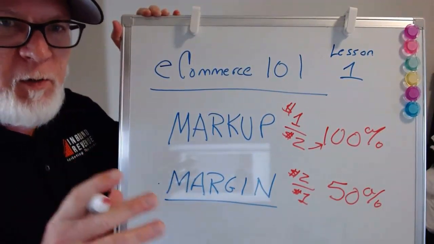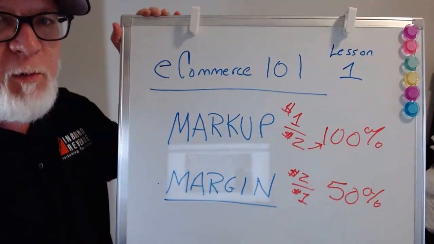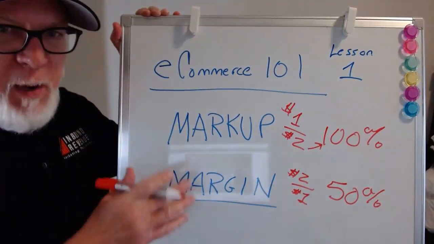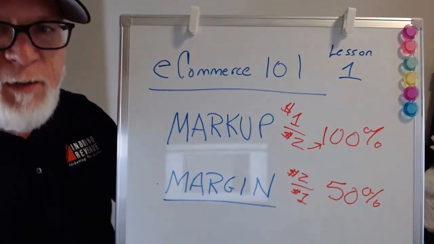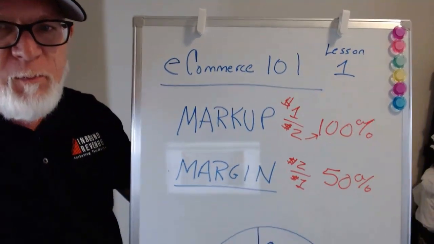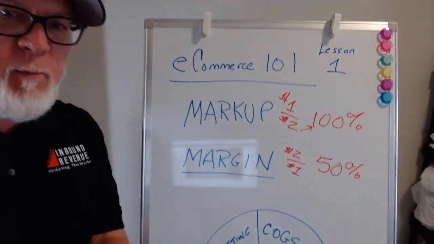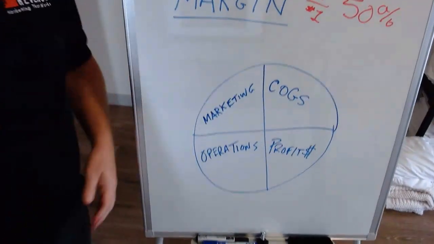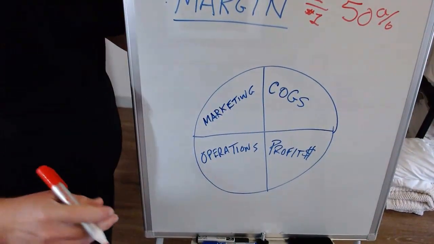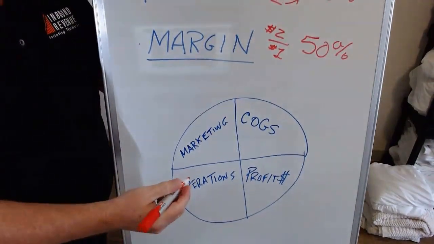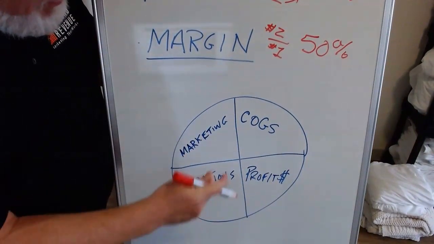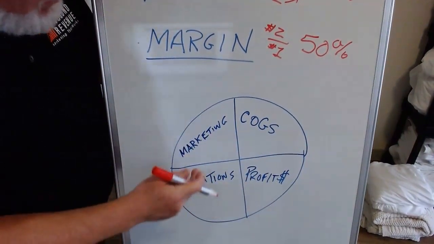Now, why are your numbers so crucial to know when you're in e-commerce? I'm going to back this whiteboard up and show you a little bit more about the numbers that drive an e-commerce business. I'm going to drop the screen down here and let you take a look at this. Okay, so here you can see we've got a circle divided up into 4 sections.